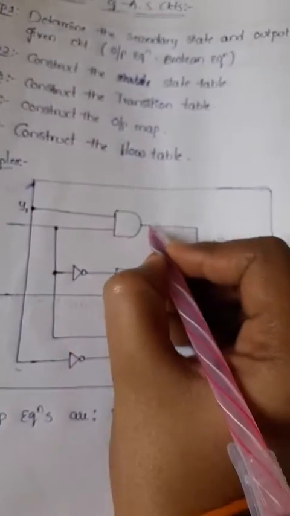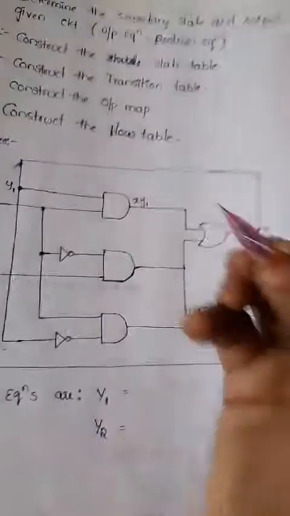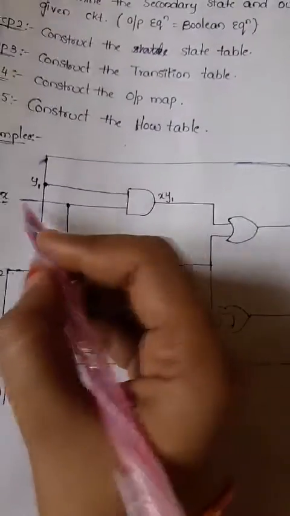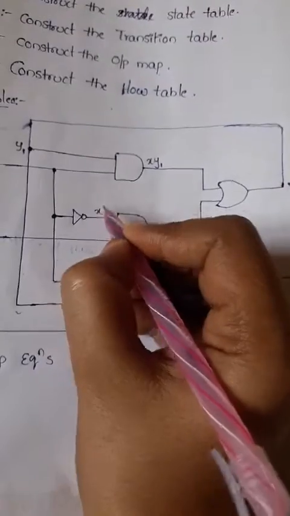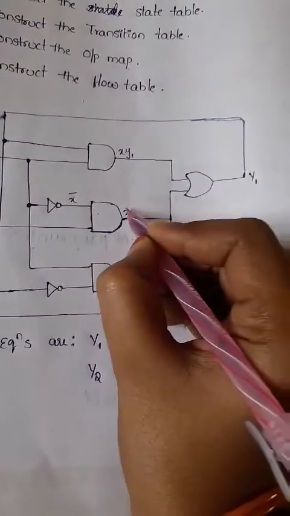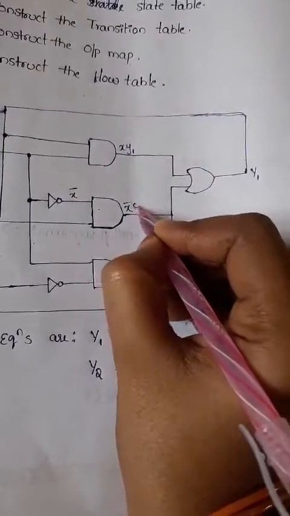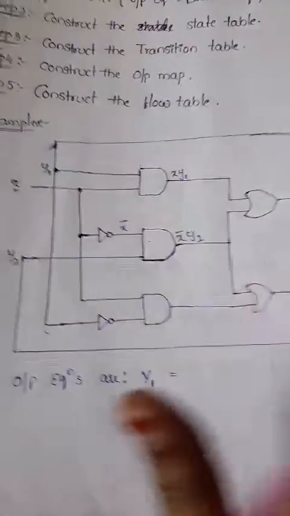An AND gate gives the dot product, so x y1. The second AND gate has x complemented and y2, so we get x complement y2.